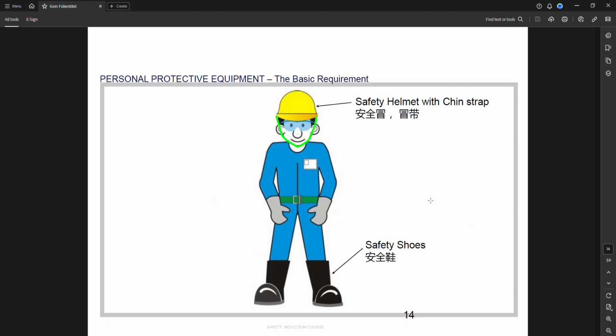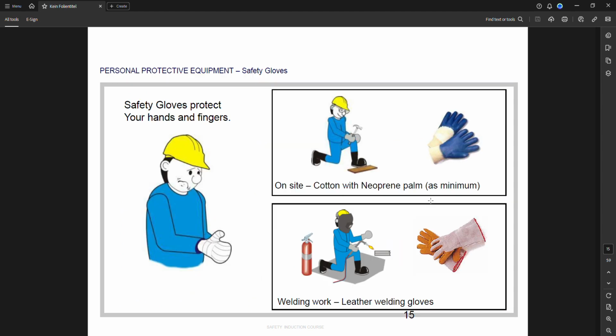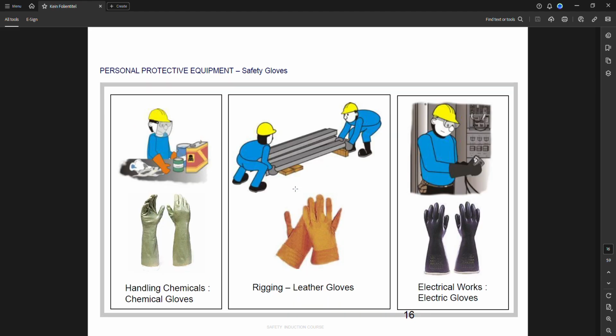Now we come to PPE. You are required to have the basic requirements: a safety helmet with chin strap and safety shoes. Safety gloves: you must wear safety gloves when you work on site to protect your hands and fingers.